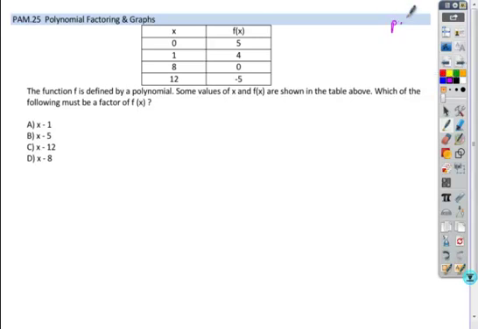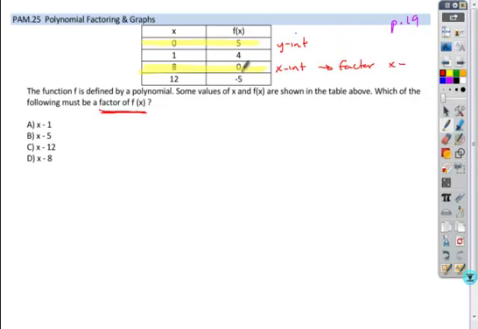It's on page 19. What you're being asked here is to determine which of these, so you're looking for factors of f of x. Okay? Factors of f of x provide zeros. Is the 0 a value where the x-coordinate is 0 or the y-coordinate is 0? Okay, if you think about when the x-coordinate is 0, that's called a y-intercept. When the y-coordinates are zeros, that's an x-intercept, and the x-intercepts correspond to factors.